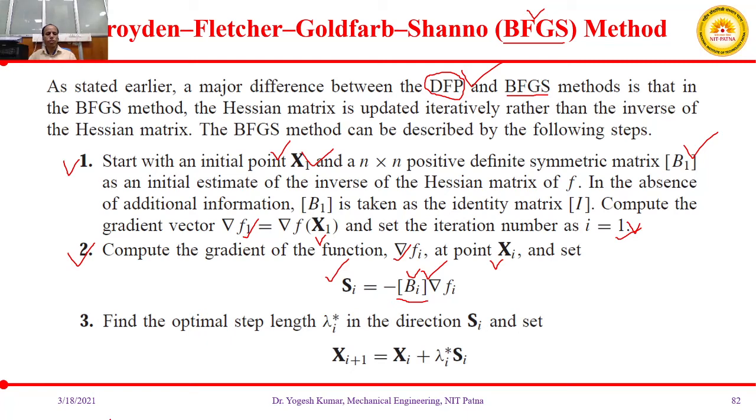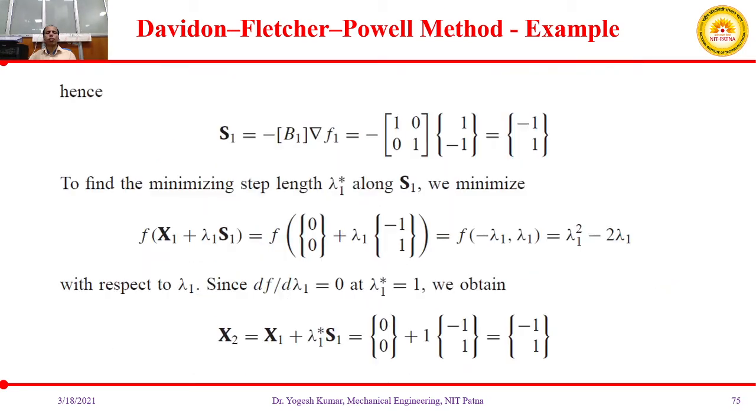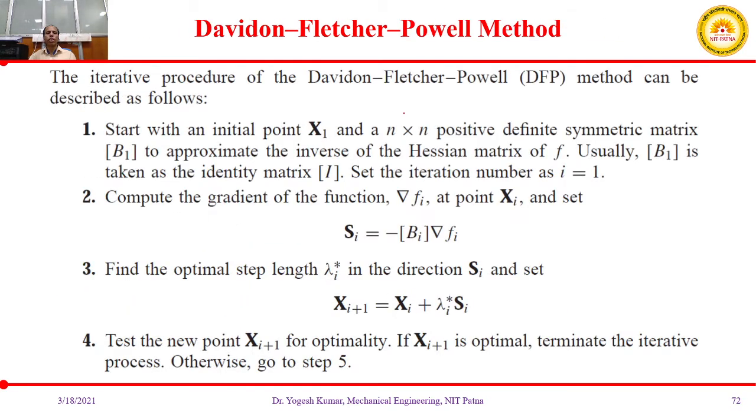In the previous class we discussed the DFP method, that is the Davidon-Fletcher-Powell method. In this method, we have some function, then we take some starting point, and we have some B1 matrix, a symmetric matrix, which is normally given in your problem and is an identity matrix.